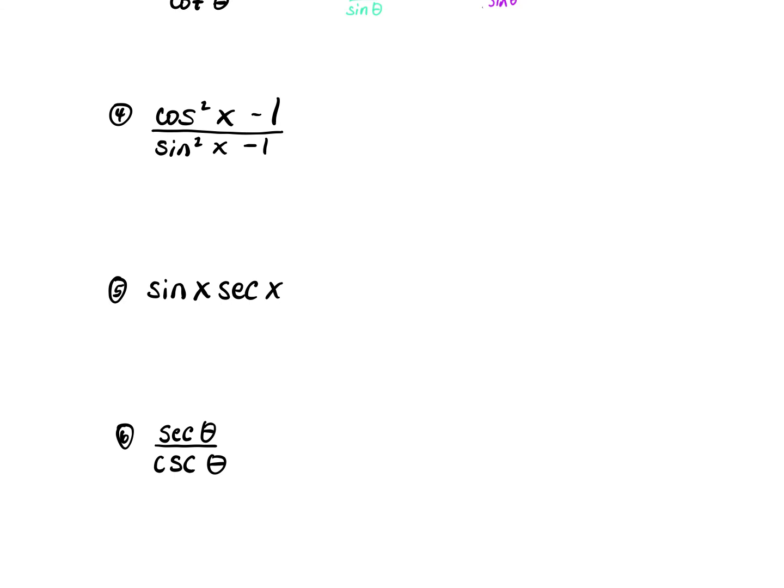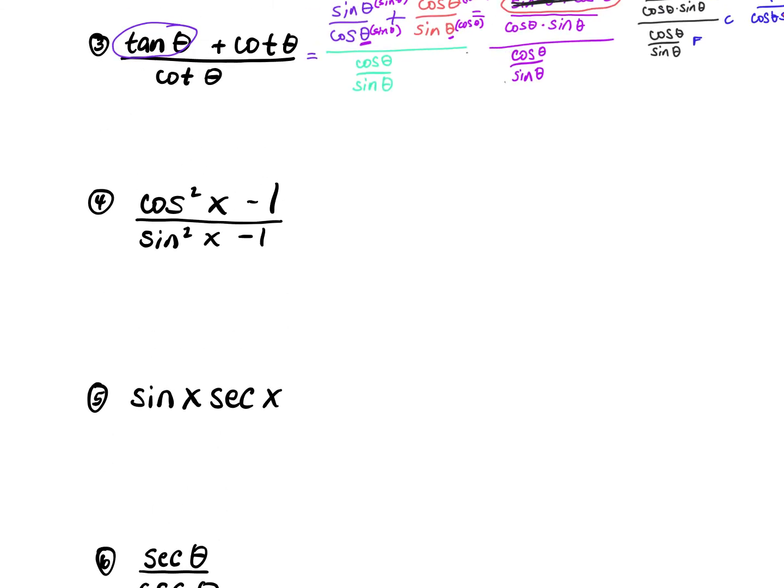It's another way. This is just like that problem that we had at the top, right? Cosine squared x minus 1. Well, what can I replace that cosine with? What's cosine squared the same as? 1 minus sine squared? Agreed? Yes, guys? Okay.